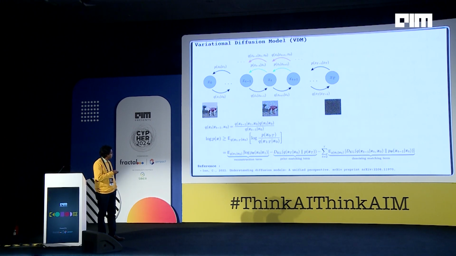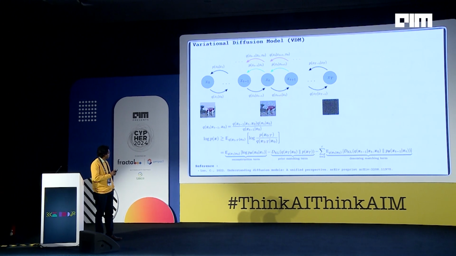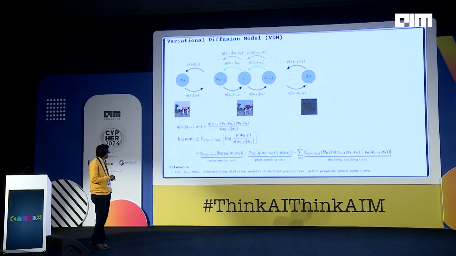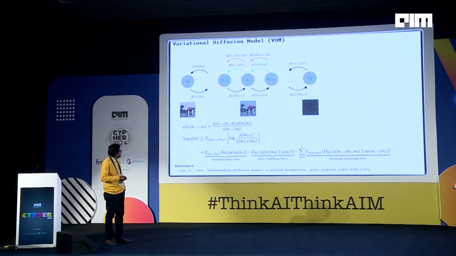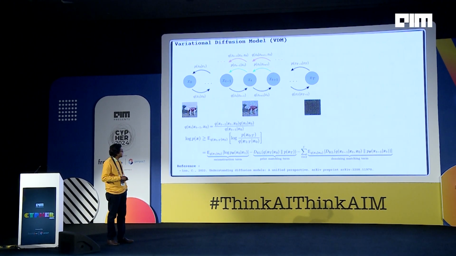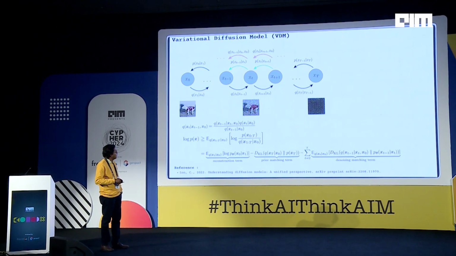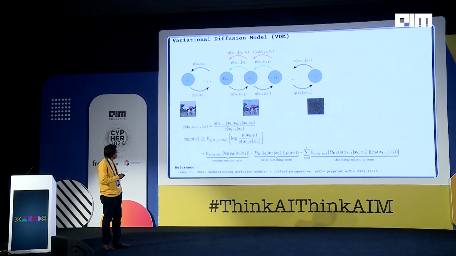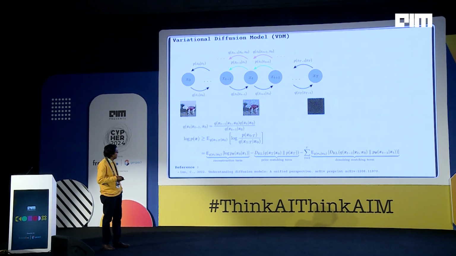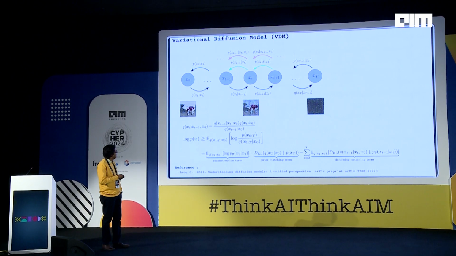Okay, of course, there are a lot of derivations, nothing much, just derivation. But what we achieve is these two terms remain the same. Only this, if you see here, becomes q of xt minus 1 given xt and x0, and p theta of xt minus 1 given xt. So now this is the denoising matching term. Basically, it says q of xt minus 1 given xt and x0, of course that's my prior.